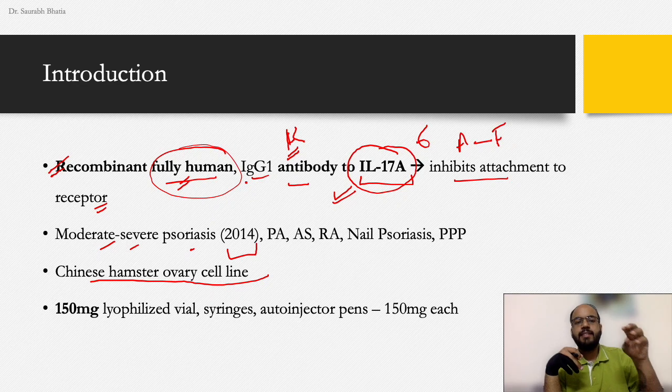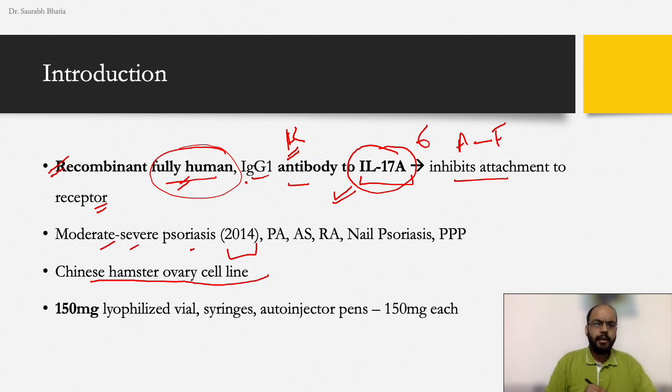And when this Chinese hamster ovary cell divides and proliferates, this human DNA also gets proliferated, which encodes for Secukinumab. So when this proliferating DNA gets translated into protein, it forms Secukinumab structure, and that is why it's a fully human biological, but it is created using Chinese hamster ovary cell line.